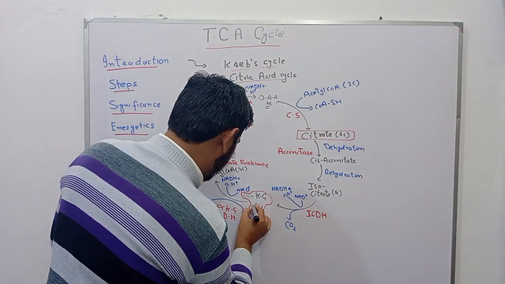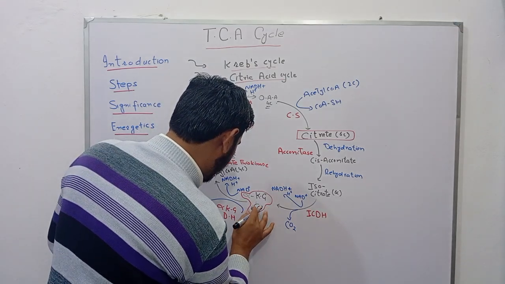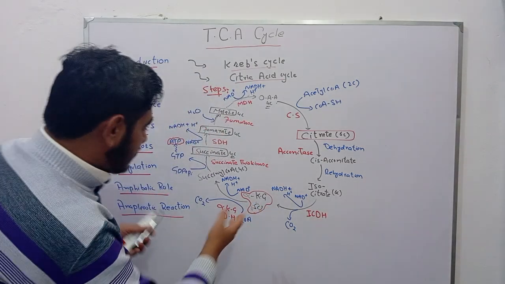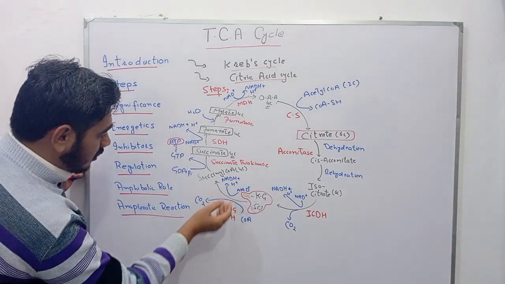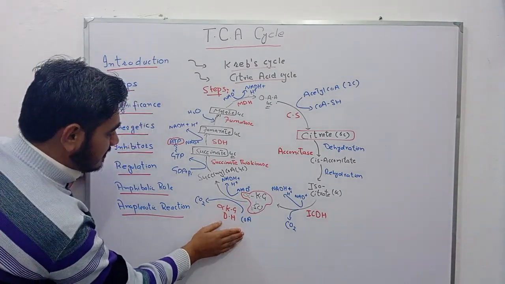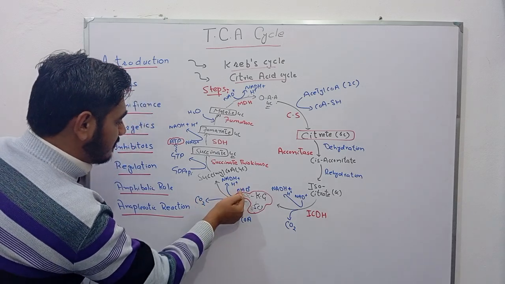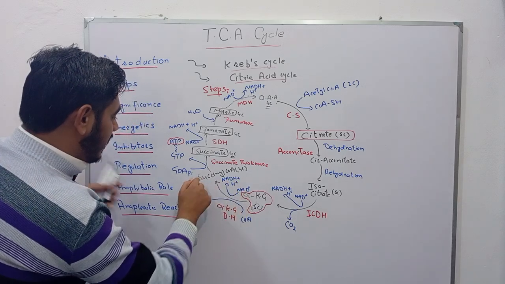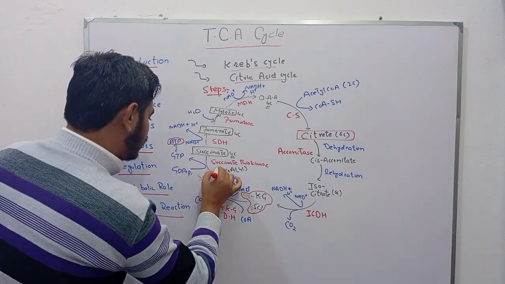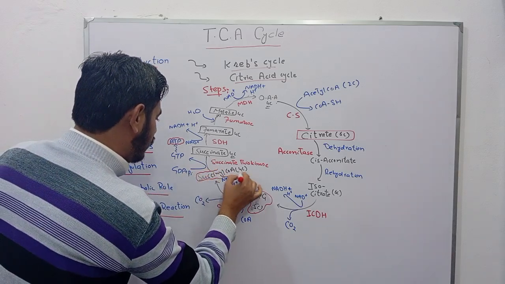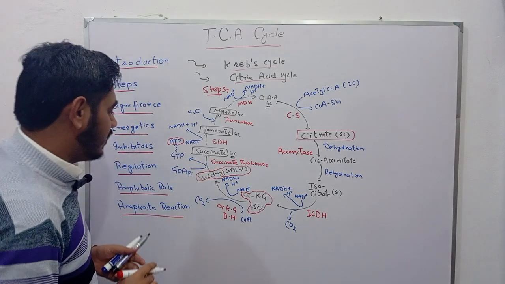This alpha ketoglutarate, by the action of alpha ketoglutarate dehydrogenase enzyme, incorporates CoA and loses carbon dioxide. NAD plus converts into NADH and H plus, and there is a formation of succinyl CoA, which is a 4 carbon atom containing compound.